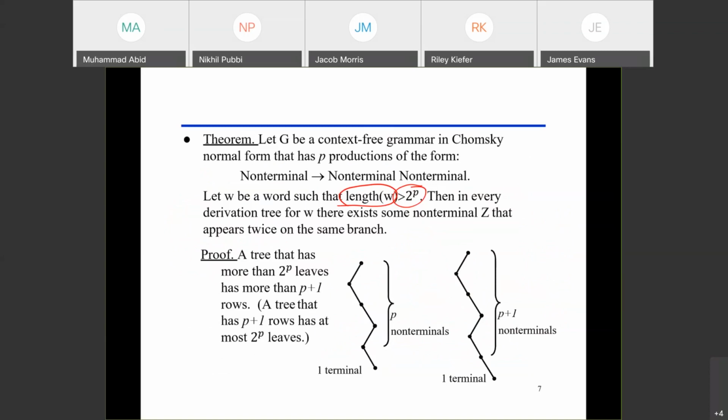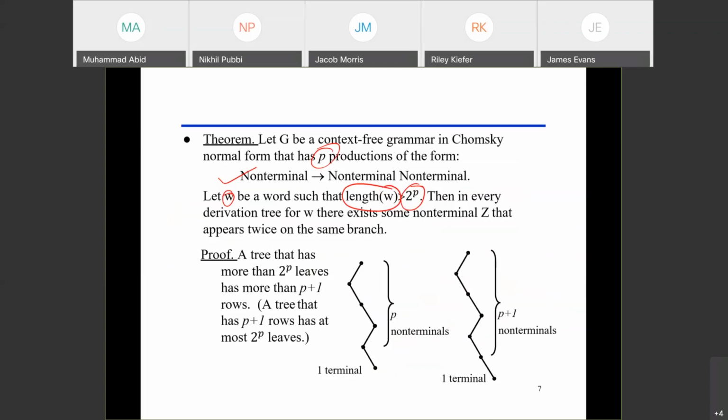So now look at this one. Let G be a context-free grammar in Chomsky normal form that has P productions of the form live productions, and we generate a word W. The length of the word is greater than 2 raised to power P. It should not be greater than that if we use every live production rule one time.